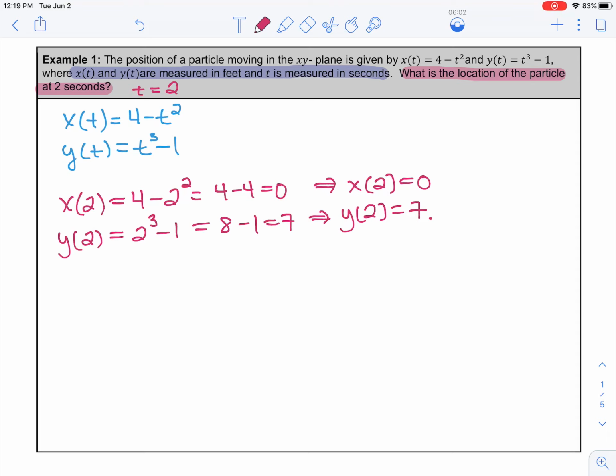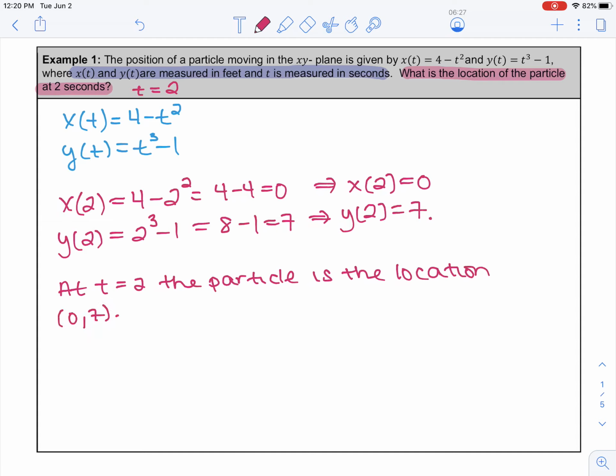Now, it's important to understand what this means. This means that at t equals 2, the particle is at the location 0, 7.